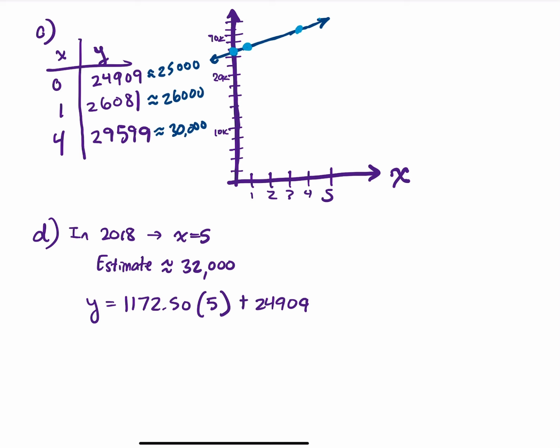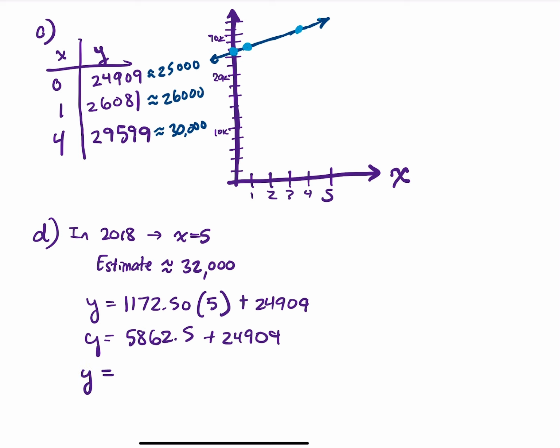So multiplying that out, 1172.5 times 5, I get y equals 5862.5 plus 24909. Let's add those together.